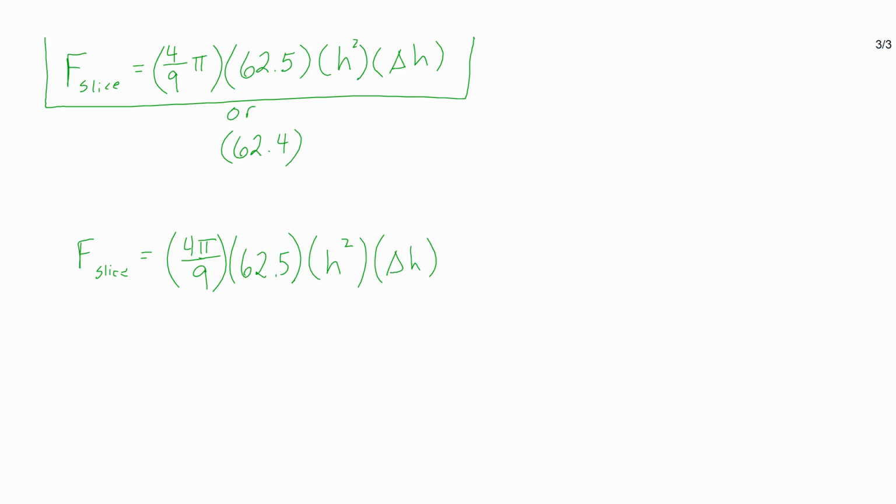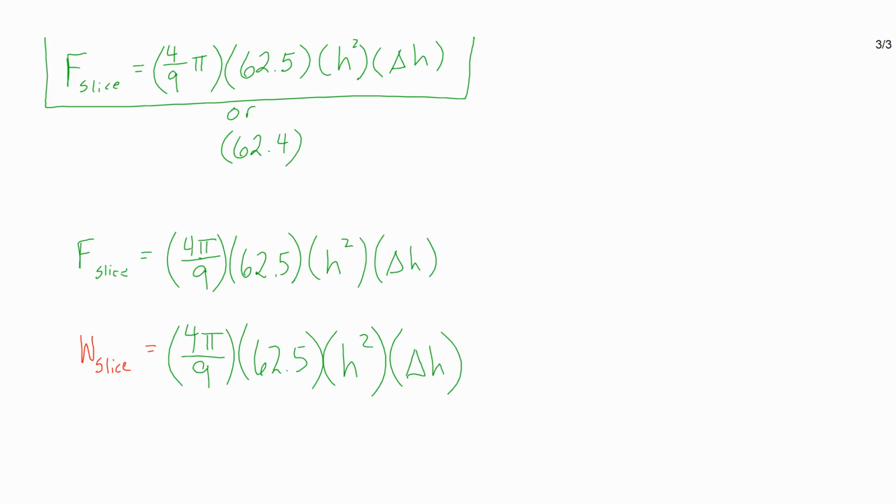And then the work of the slice, in red, is going to be this times the displacement, which will be green: 4 pi over 9, 62.5, h squared delta h by the displacement, which is 18 minus h.